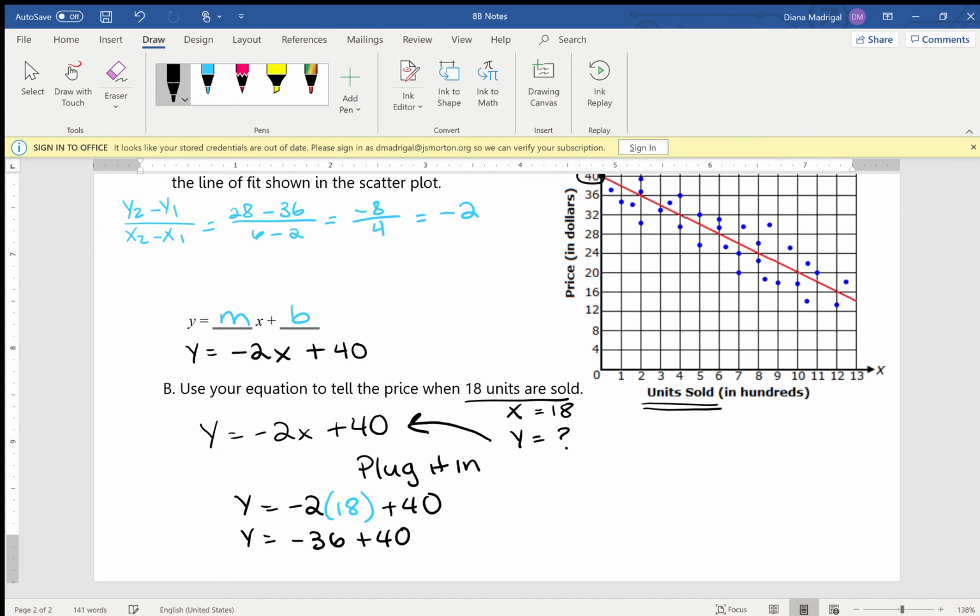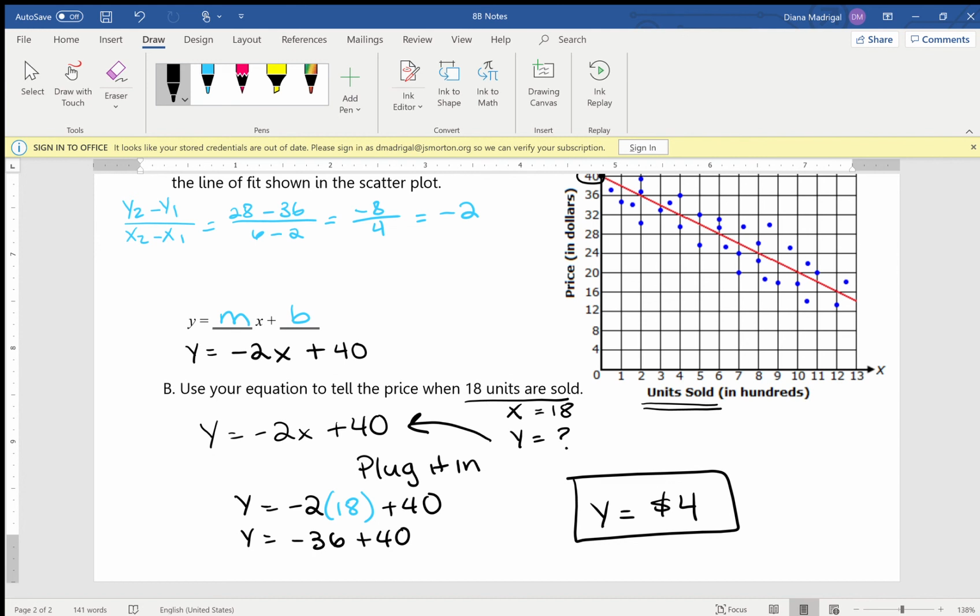That means I'm actually subtracting, which is going to give me 4. So y equals $4. That means the price when 18 units are sold is going to be $4.